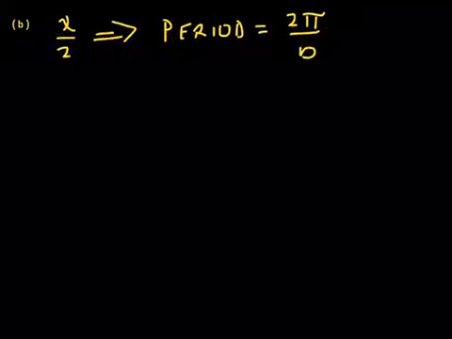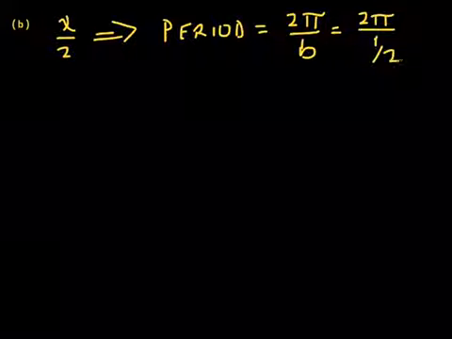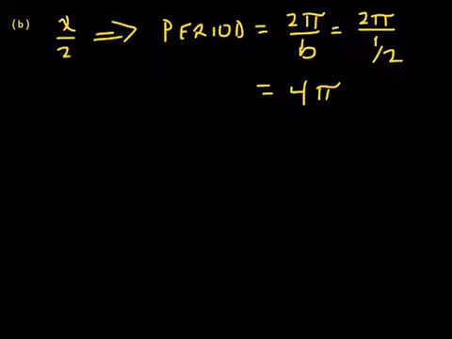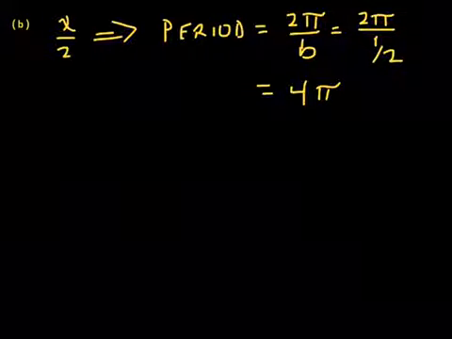Well, your b value here is 1/2, so your period is 4 pi. That means your function values, your answers, will start to repeat every 4 pi, because these are periodic functions.